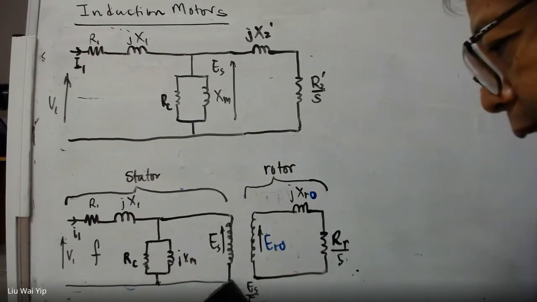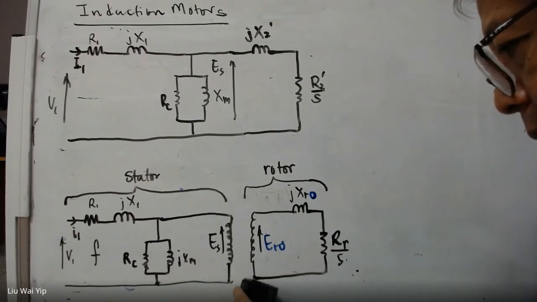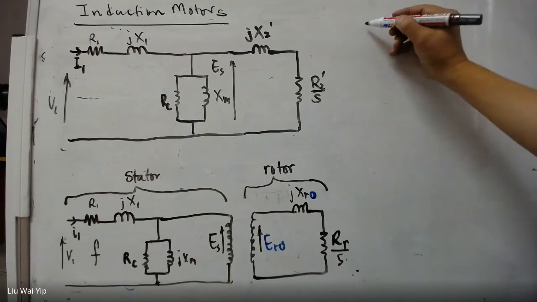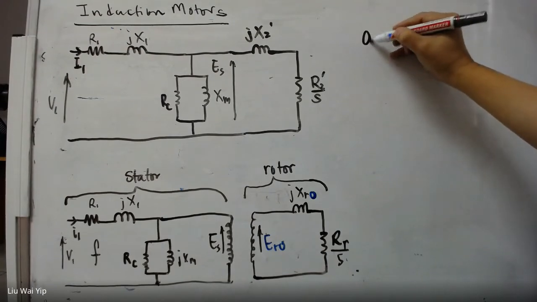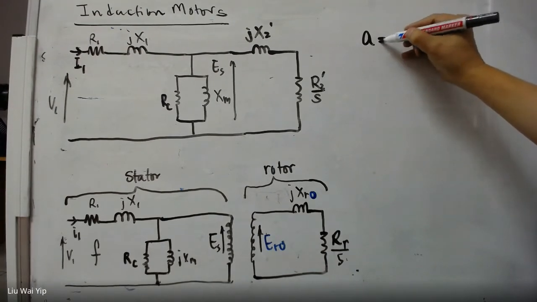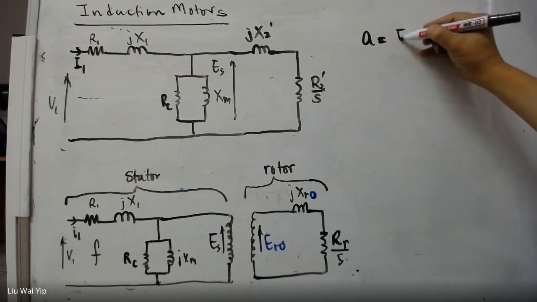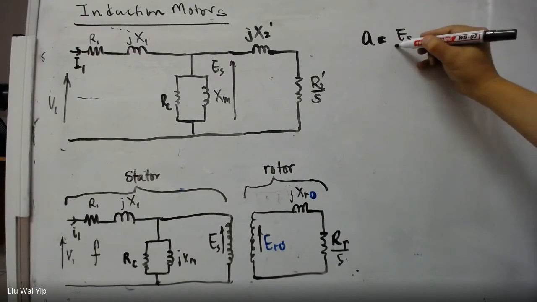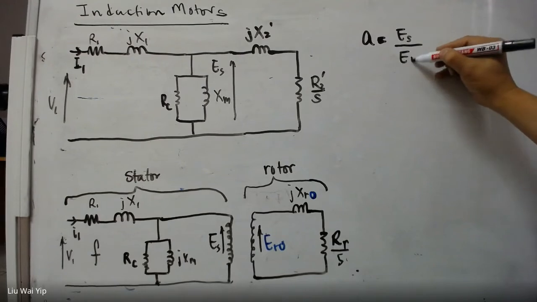So I better write down somewhere: A is the turn ratio, and ES divided by ER0.